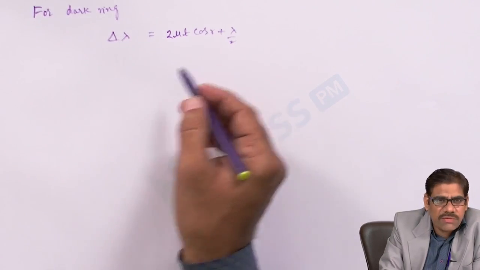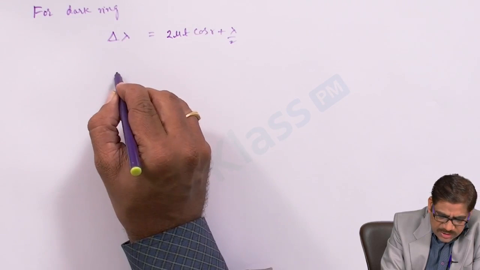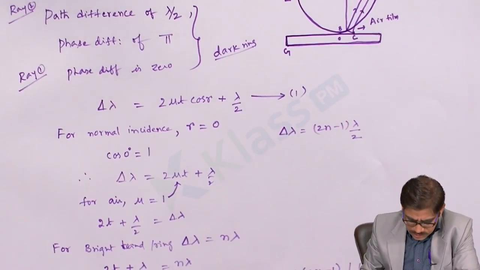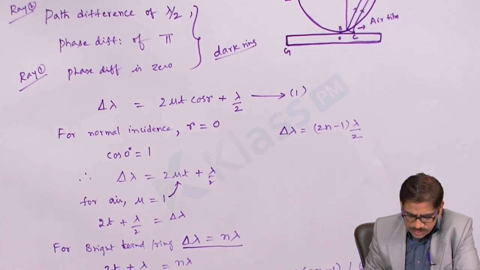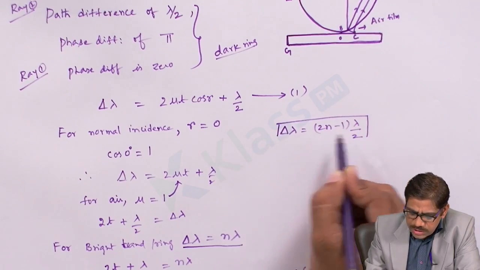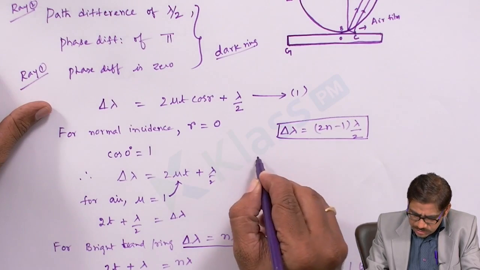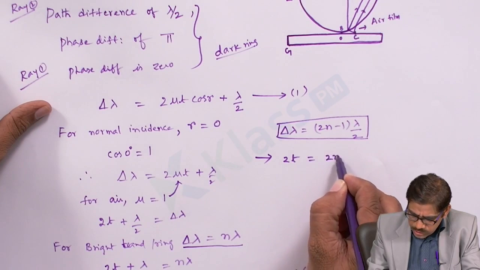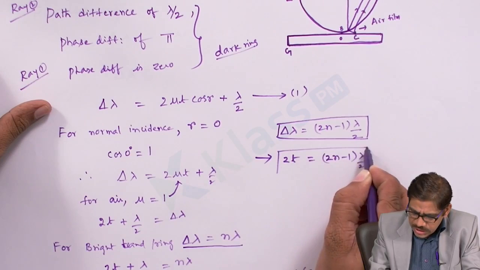If we substitute and rewrite, the condition for the bright ring becomes 2t equal to 2n minus 1 into lambda by 2. So this is the condition for the brighter ring.